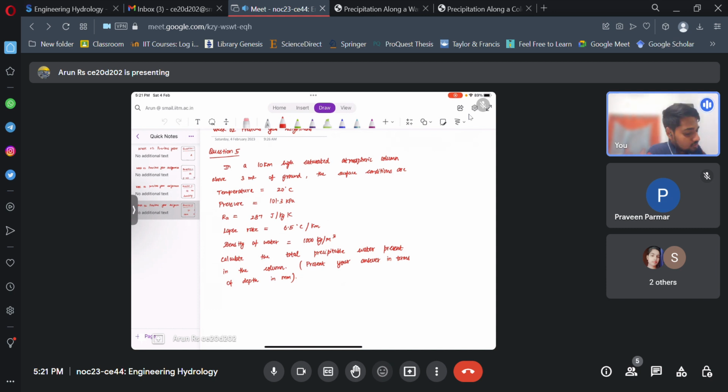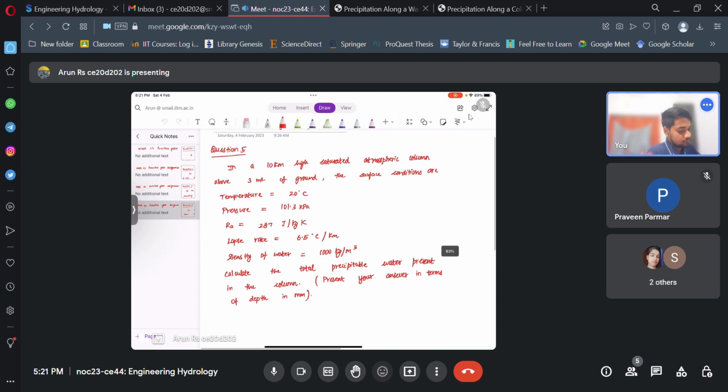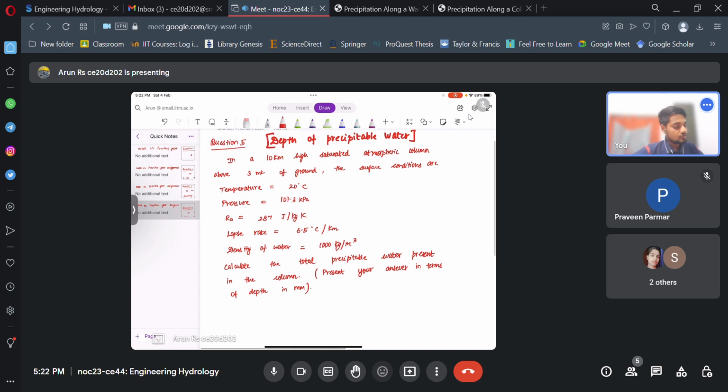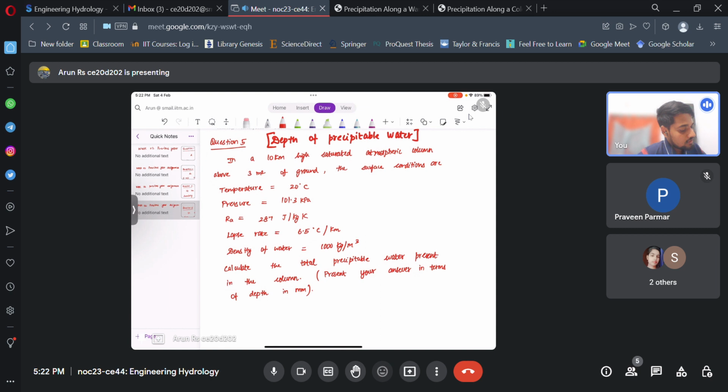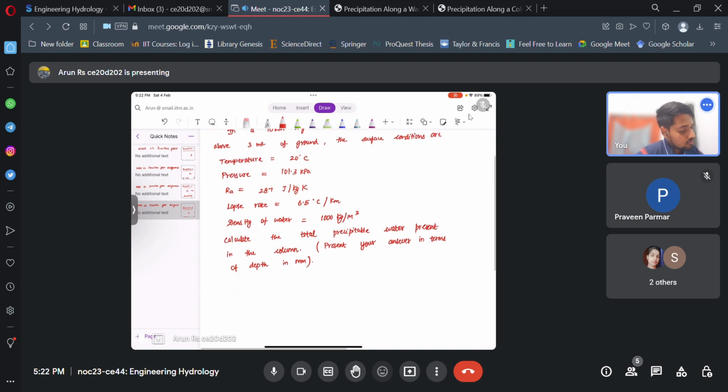Let's move to the final question. This is a little bit lengthy question. So this is related to your depth of precipitable water. In a 10 kilometer high saturated atmospheric column, which is over 3 meter square of ground, the surface conditions are given.